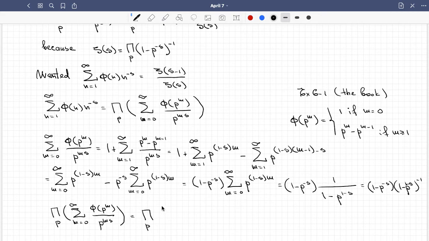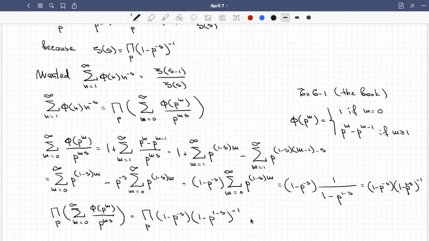We calculated that: 1 minus p to the minus s, 1 minus p to the power 1 minus s, to the power negative 1.